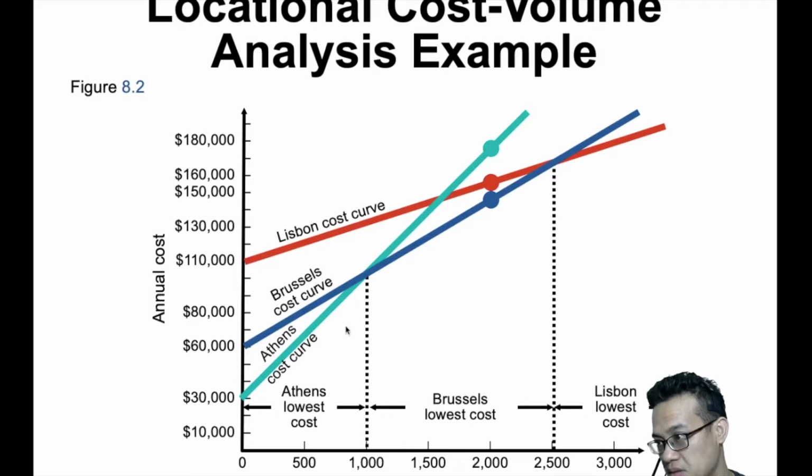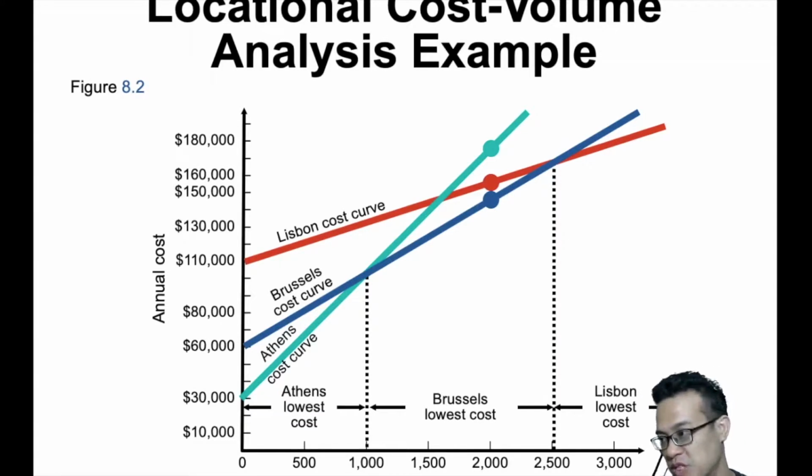The idea is to see where the crossover points are, 1000 and 2500, so this should be where you cross between two different places. Brussels and Athens will meet up at 1000, then Lisbon and Brussels will meet up at 2500 volume. So this is volume.